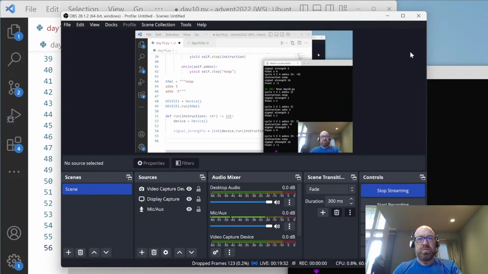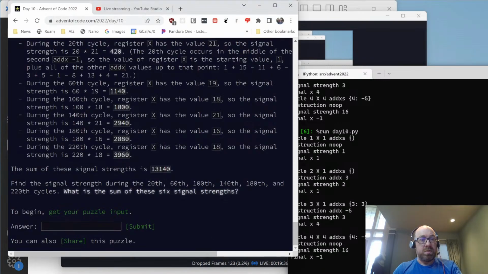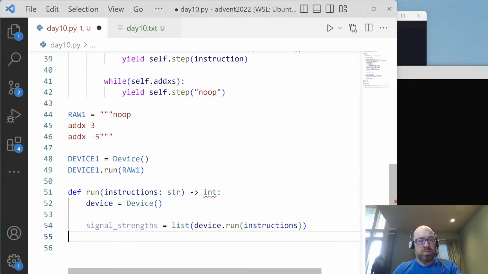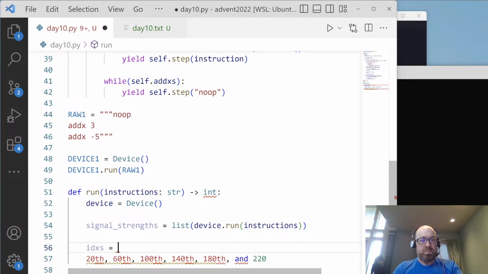And what do I want? I want the sum. Indexes equals 20, 60, 100, 140, 180, 220.